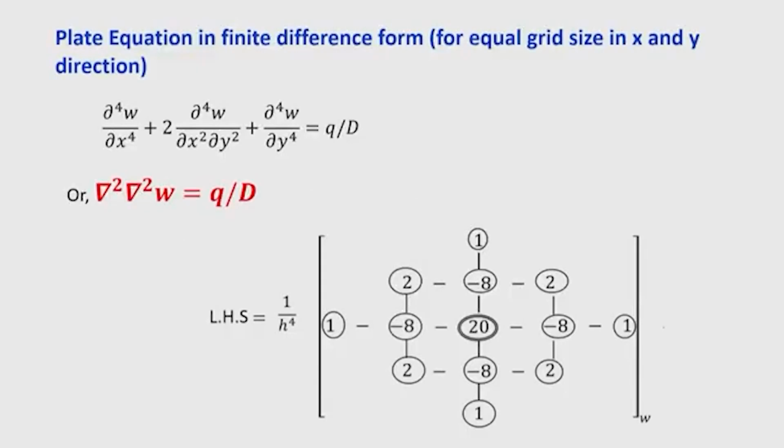If written in expanded form, the plate equation is: del to the power 4 W by del x to the power 4, plus 2 del to the power 4 W by del x square del y square, plus del to the power 4 W by del y to the power 4, equal to q by D, where q is the distributed load.